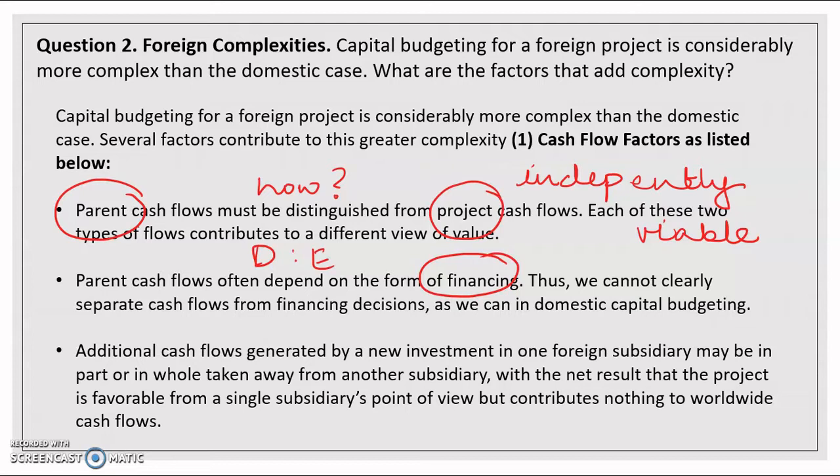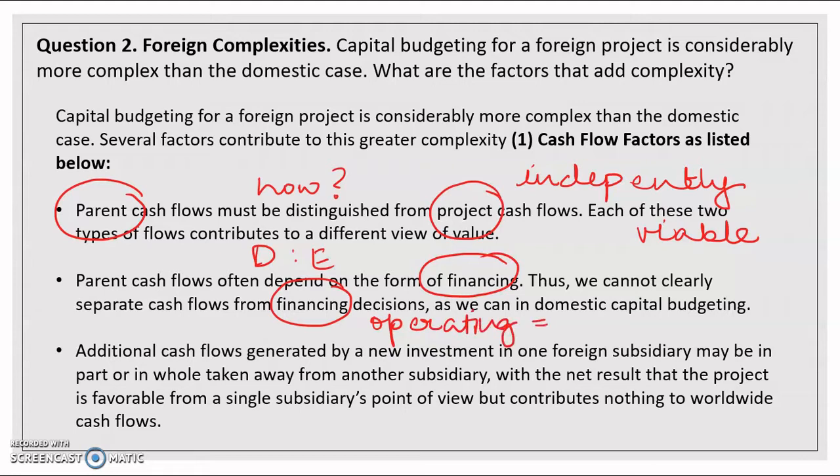It's important to look at the operational part of the money versus the financing, the source part of the money. However, very often this distinction between financing decisions and operating decisions is a muddy area, right?